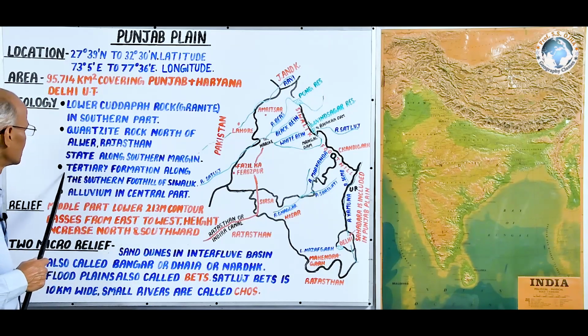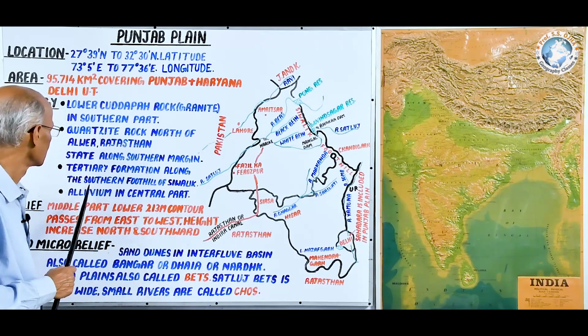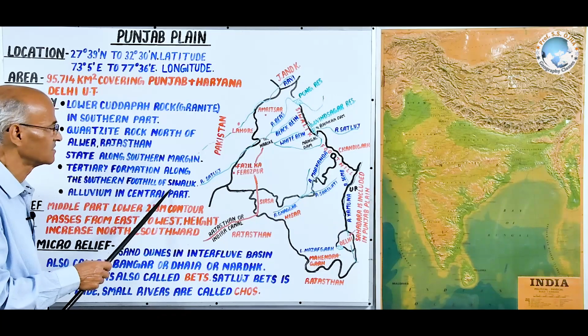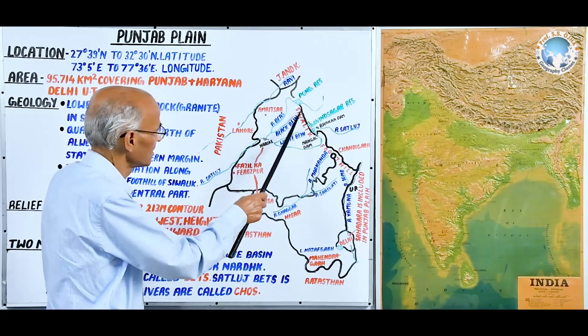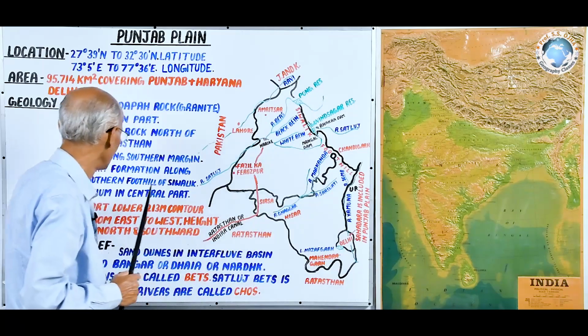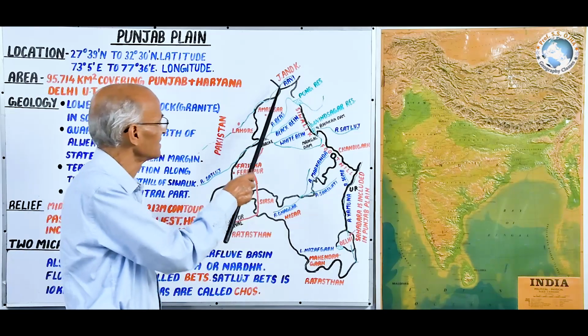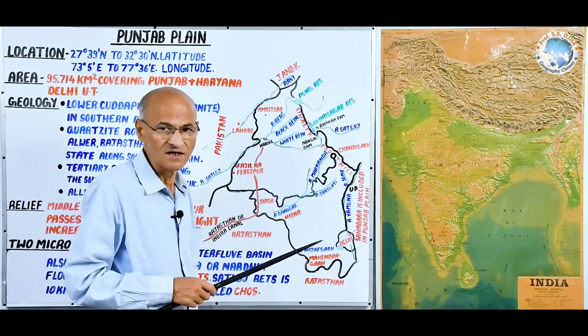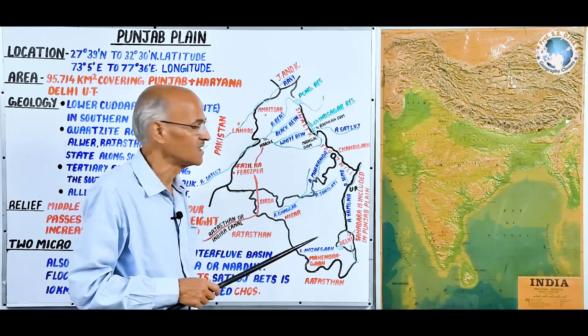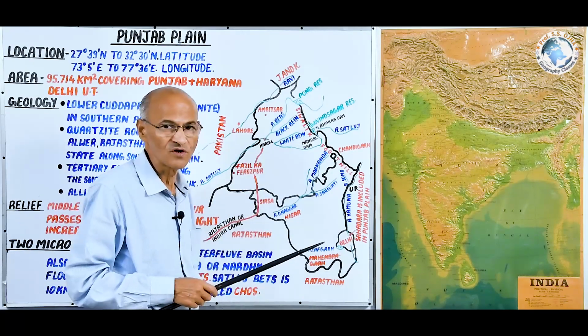The third structure or geology is the tertiary formation along the southern foothill of Shivalik. Here it is Shivalik mountain, and along its southern foothill the tertiary formation, meaning the Himalayan structure, largely predominated by sandstone and gravel, is found here.